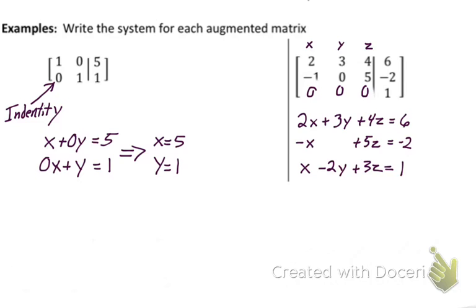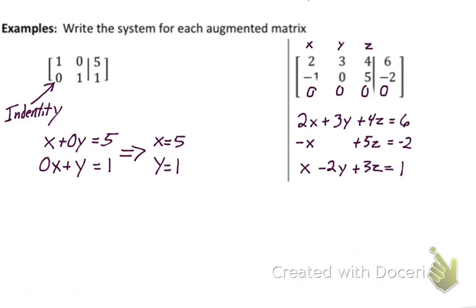Would you just leave it blank? No, you wouldn't say it's blank. Pretend this is an equal sign, right? What if I had 0 plus 0 plus 0? You'd have 0 equals 0.